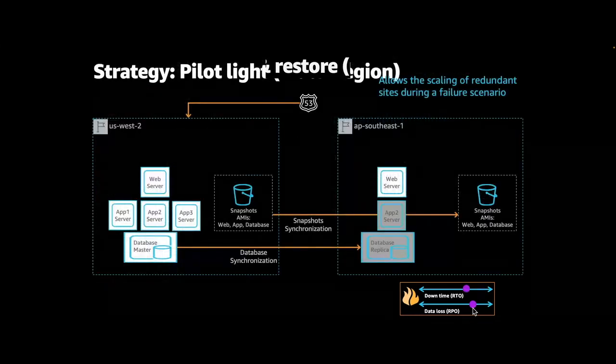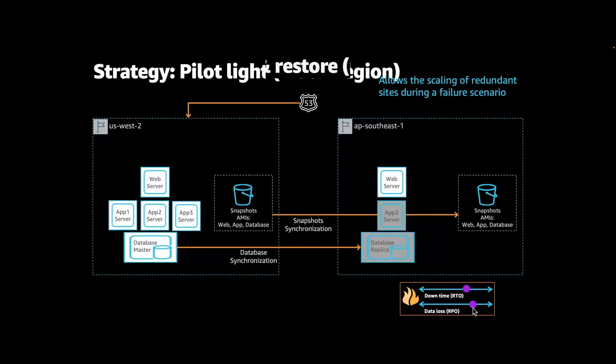Also, there is the pilot light. It is a multi-region strategy that allows the scaling of redundant sites during a failover scenario. Let's say in this case we have the web server with multiple application servers, a database master, and a database replica. You can do that with RDS. You can have something more sophisticated with RDS when using, for example, read replicas, or if you want something even more sophisticated, that's the next scenario I'm going to explain.